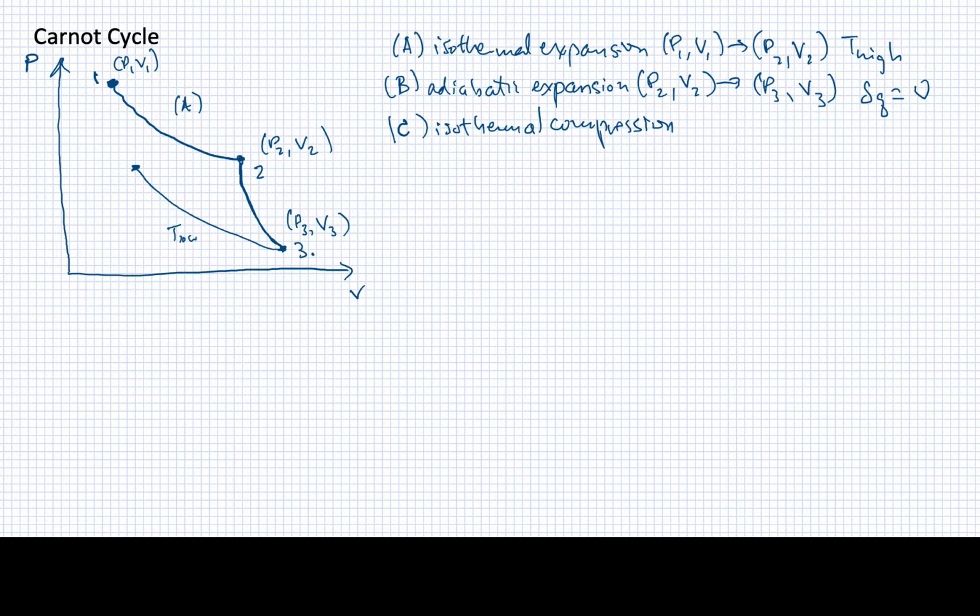And I should have labeled this second path B over here. So T low is at a lower temperature, and this is in keeping with our understanding of isotherms, that the higher temperature ones are the ones farther out here, and the lower temperature ones are the ones closer to the origin. So this isothermal compression is going to go from P3 V3 to P4 V4.